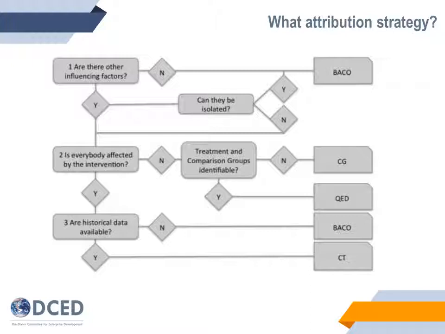And in particular, in the guidelines to attribution, which is linked below this video, it has a great flowchart, pictured here on the screen, which will talk you through a number of the key decisions you need to make. And it will explain how the different factors of your intervention will influence the attribution method you need to select, as well as explaining how to do it. So I strongly recommend you go and read that guidance.